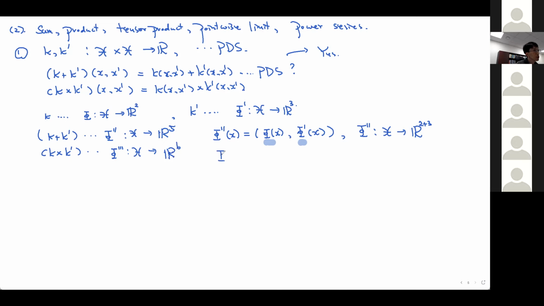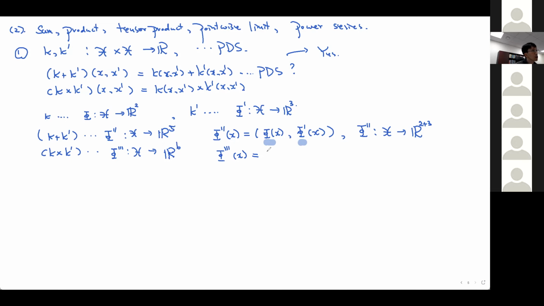And it's defined in a bit more complicated way. For phi triple prime of x, phi of x is a vector with two components, the first and second, and phi prime of x is a vector with three components.